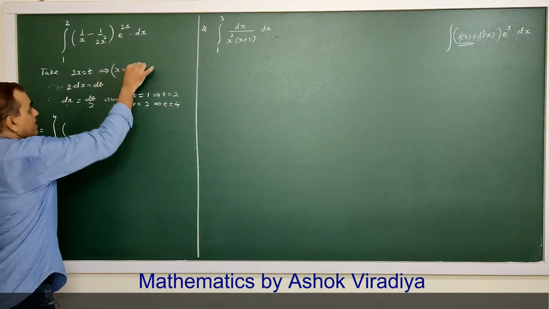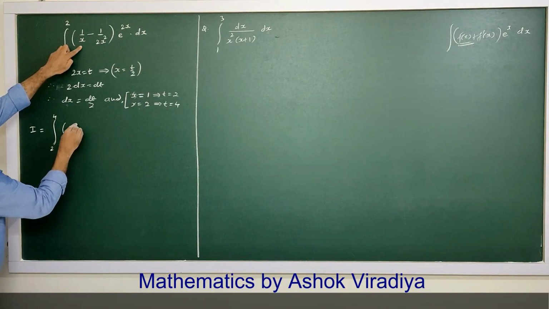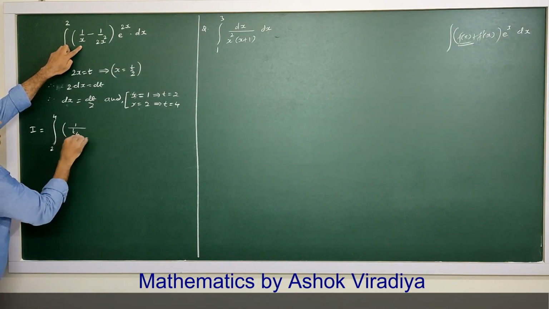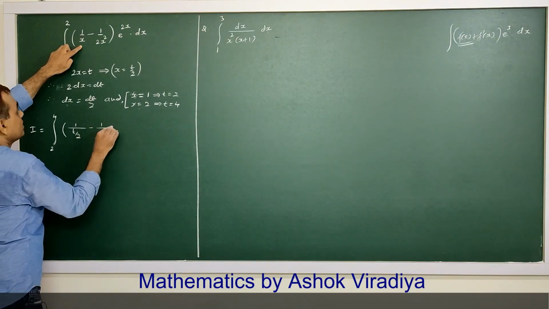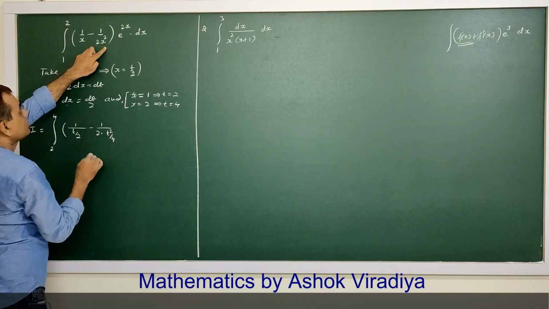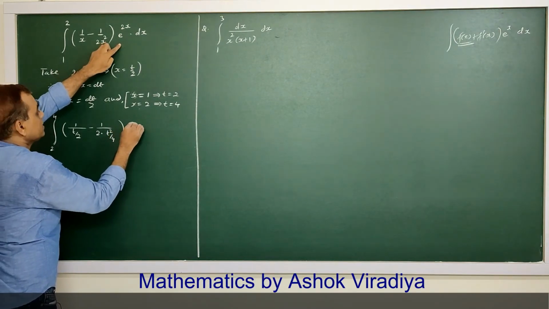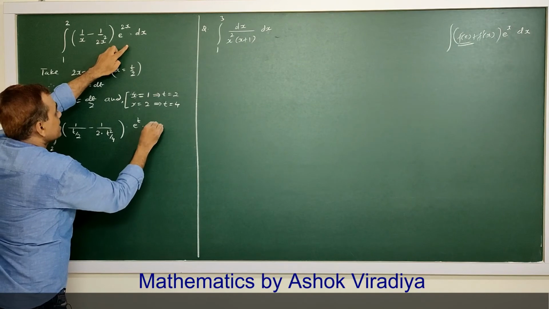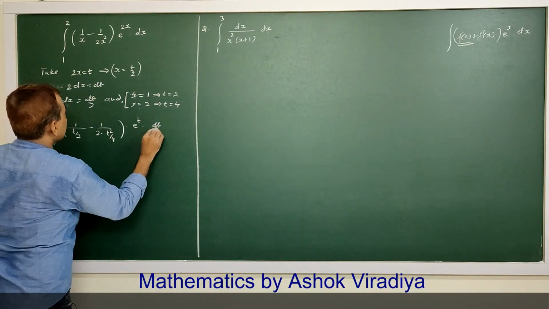So putting here t by 2 minus 1 upon 2 into t square by 4 into e raised to t, dx is dt by 2.